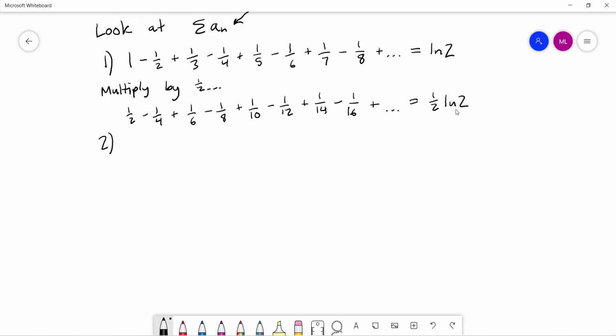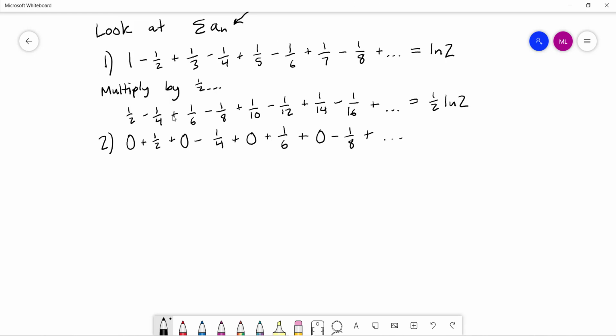So I'm going to write this as 0 plus a half plus 0 minus a fourth plus 0 plus 1/6 plus 0 minus 1/8 plus dot, dot, dot.